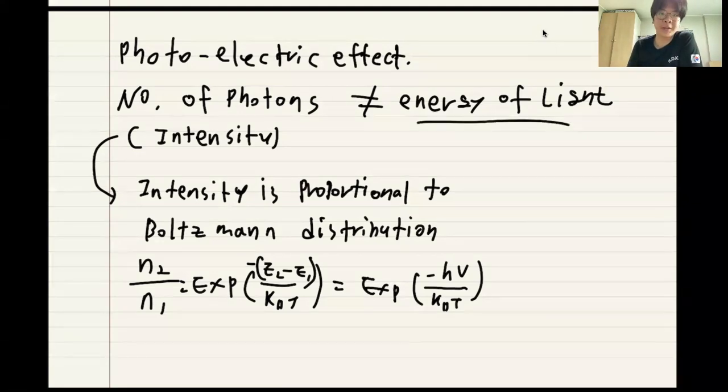The energy of light is related to the light wavelength. So the intensity is proportional to the carrier's amount. So intensity follows the Boltzmann distribution.